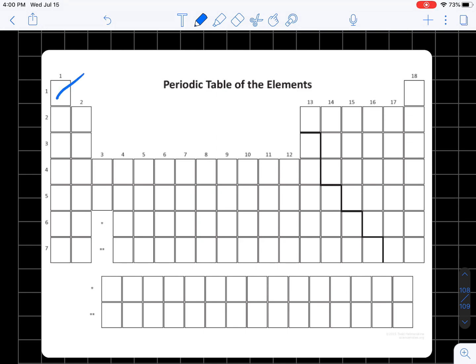All right. So, group 1, these are called the alkali metals. And group 2 are called the alkaline earth metals.